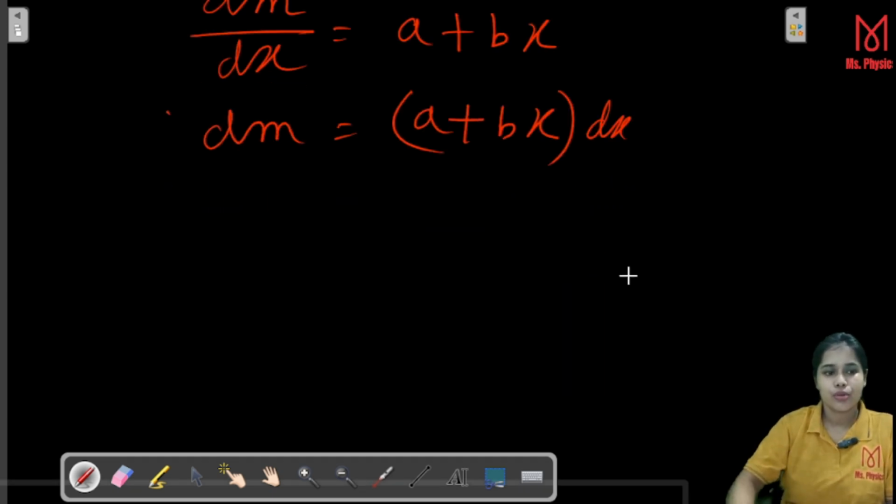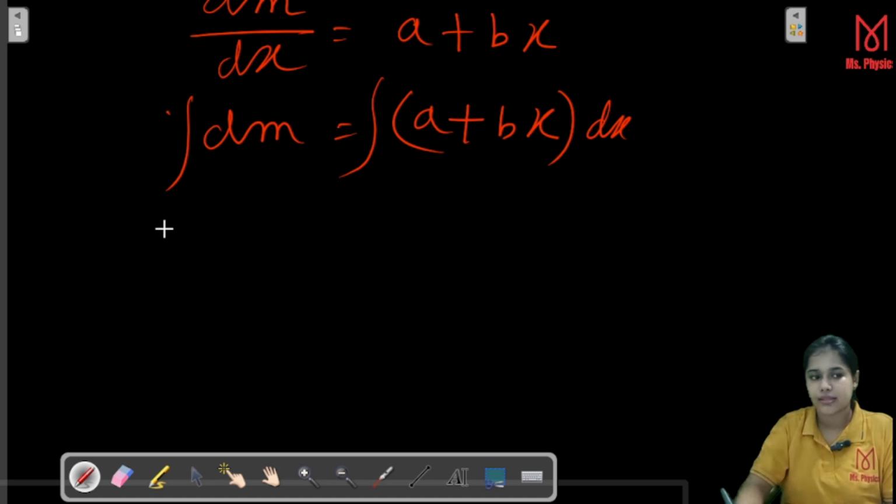If you integrate both sides, the integration of dm is equal to the integration of the right side, from 0 to the mass.